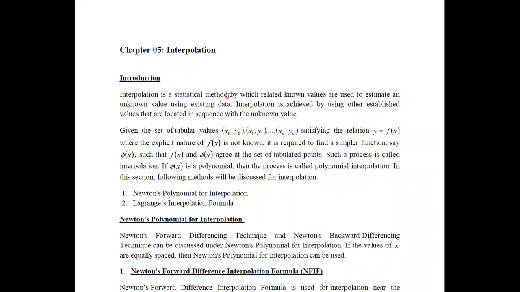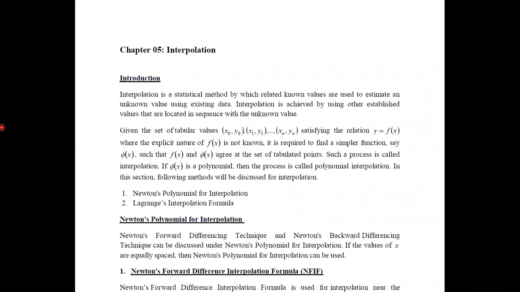Simply, in interpolation we are going to obtain estimates for unknown values of a given set of values using the existing values that they have provided for us. Interpolation is achieved by using other established values that are located in sequence with the unknown value.